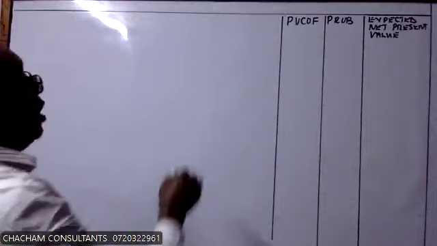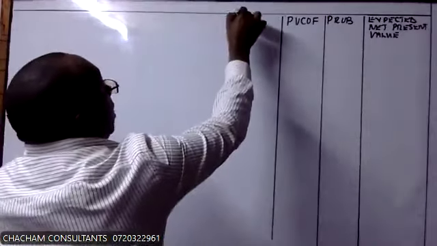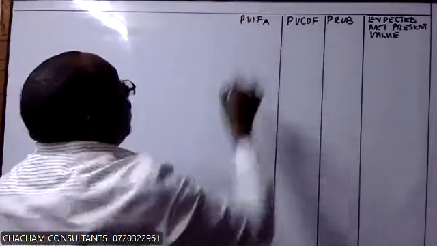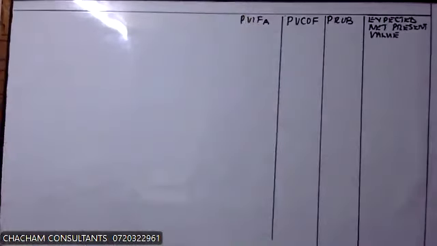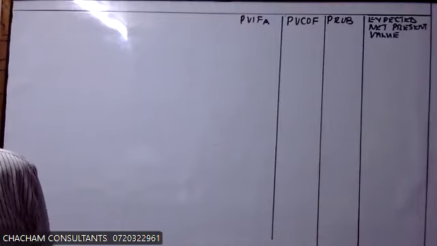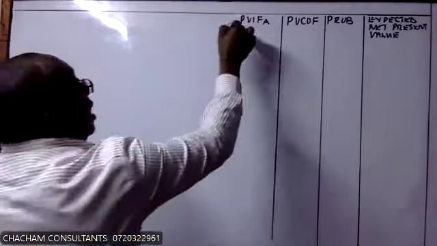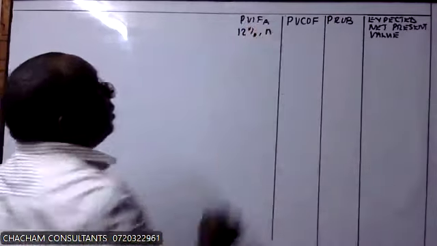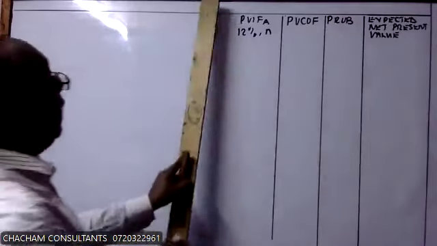I will also need to have gotten the PVIF-A. Now, PVIF-A will be based on the cost of capital, which is 12%. So it will be at 12% and N.